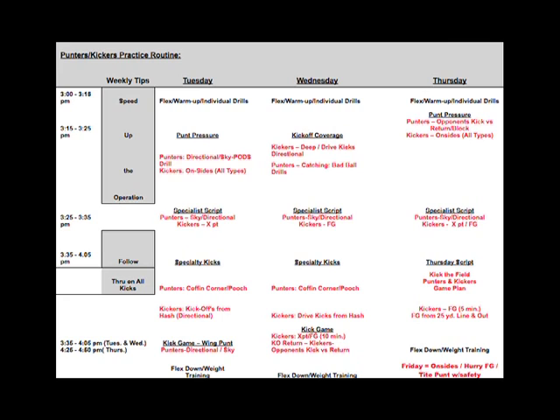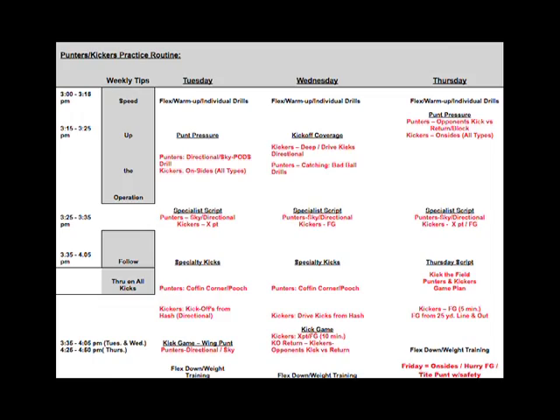What I'd like you to particularly note that before our kickers go to work, kickers and punters, they do a warm-up and they do their individual drills. If you remember, I talked about the 20 minutes prior to the first special teams segment that we are going through our defense and offensive walkthroughs or blitzes or whatever new line schemes that we have for that week.